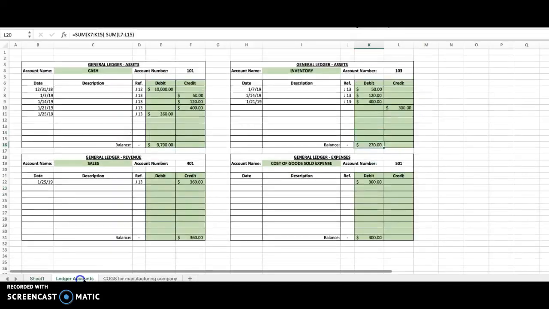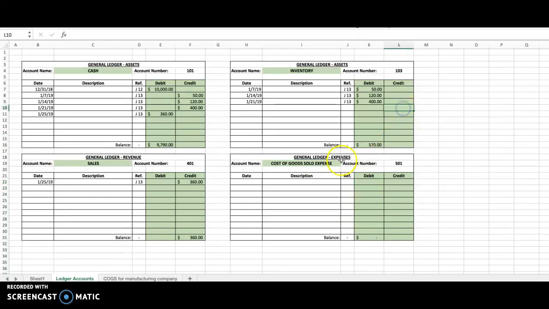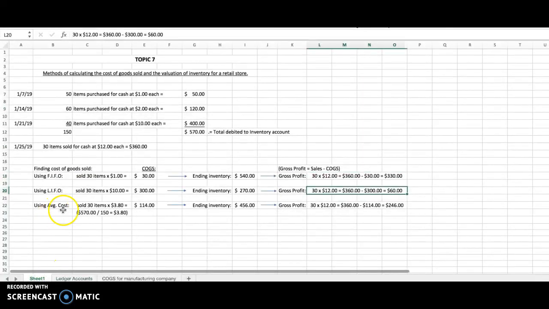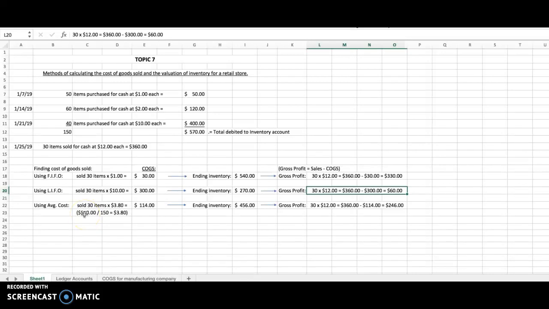Finally, if we go back and look at the average cost method for determining cost of goods sold, we simply take the total amount that we bought, the 570, and divide it by the total number of items that we bought, and that's what is expressed here in a little formula.